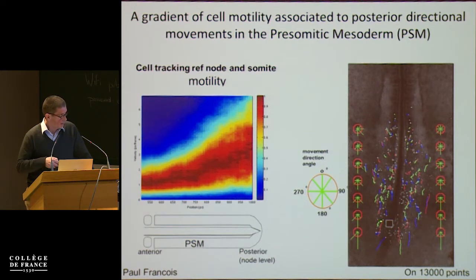That is, the more posterior the tracks of the cells in the presomitic mesoderm, the longer they are, and the more strictly posteriorly oriented they are. This suggested a hypothesis where you could imagine that the cells in the posterior region tend to move faster posteriorly than the cells in the anterior region, and that could explain the process of elongation.